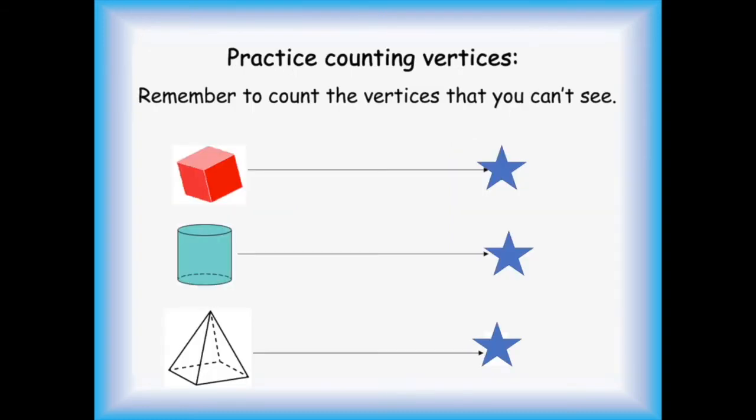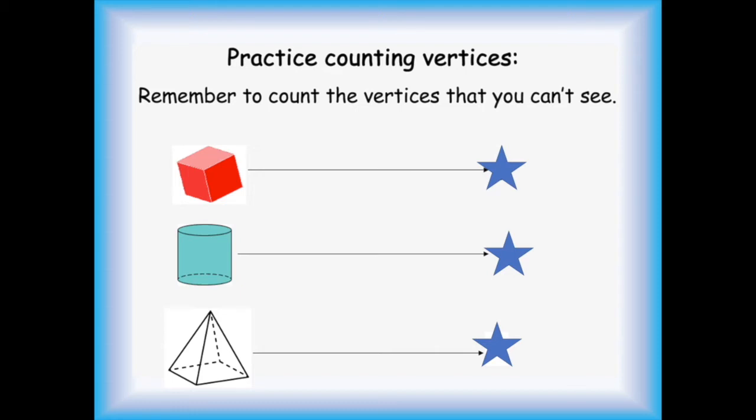All right, let's do a little practice. First one, we're going to practice counting vertices. Remember, vertices are the corners or a vertex. Remember to count the vertices that you can't see. For these, you might want to push pause and grab something in your house similar.